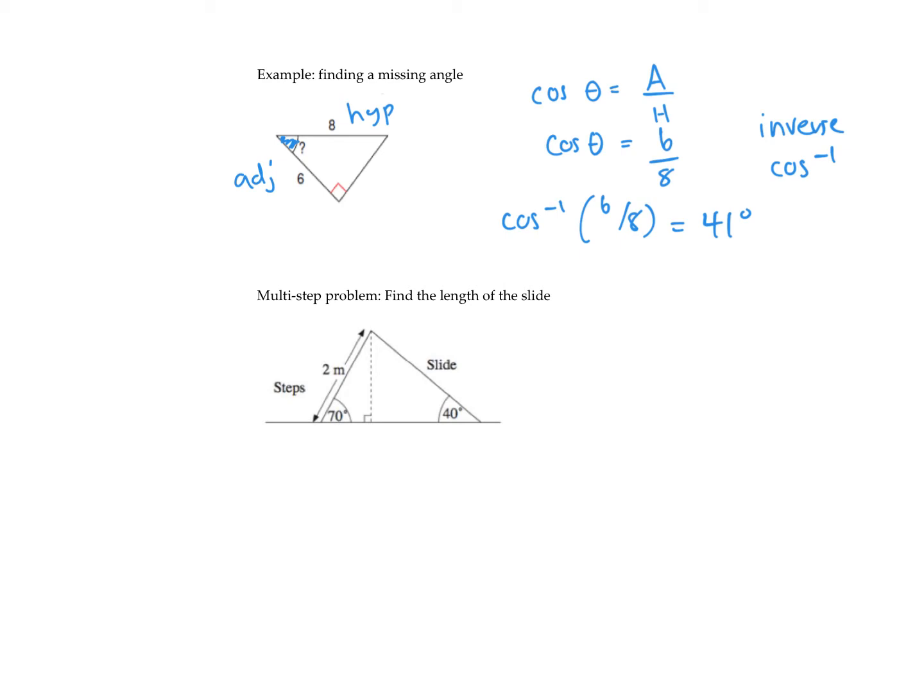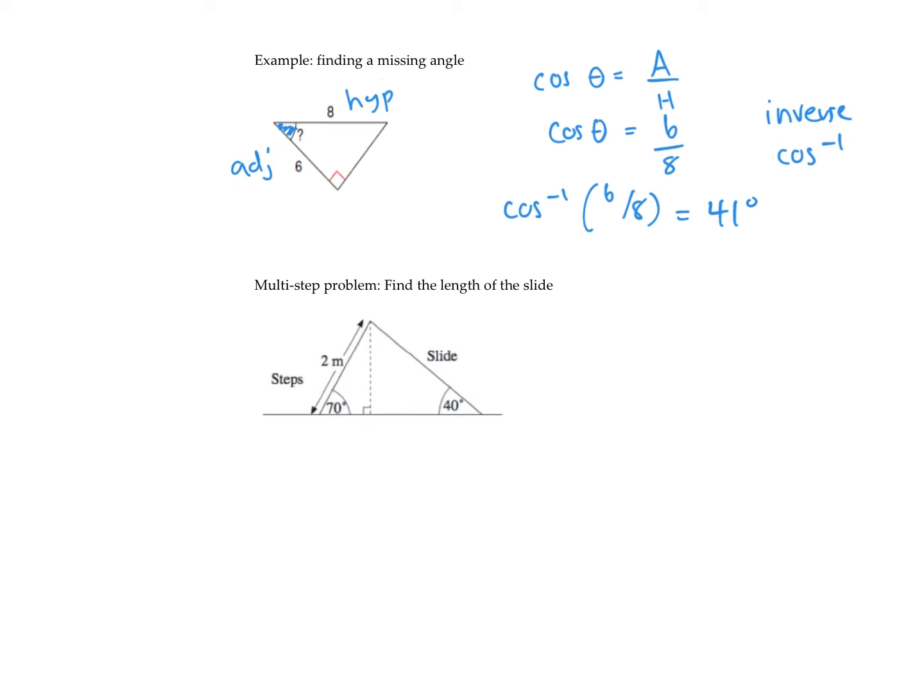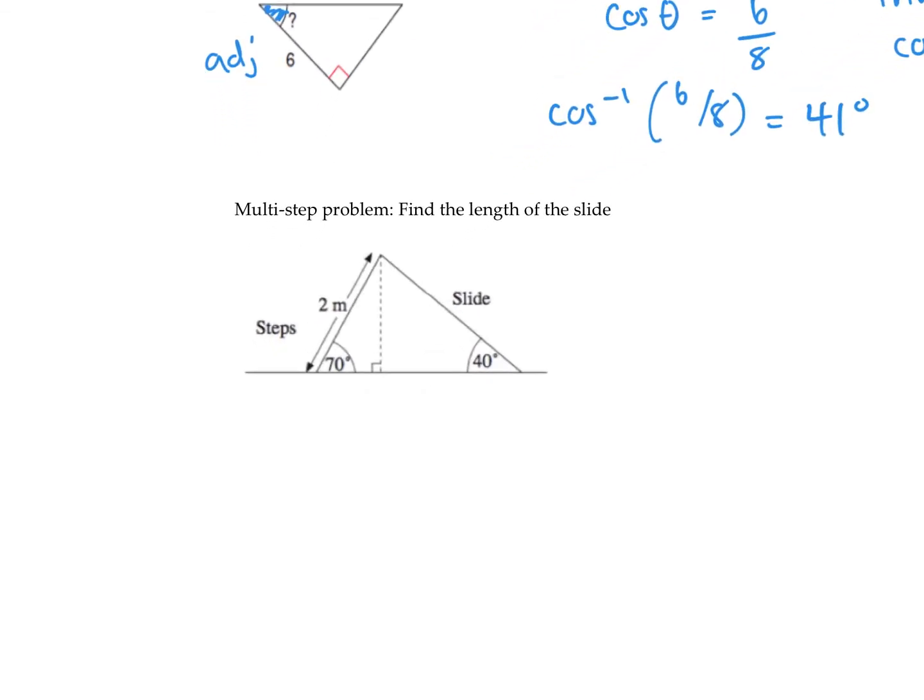Some of the questions might be multi-step, meaning you might have to find one calculation before you can find the second. In this question, it wants us to find the length of the slide. If I look at this slide length, it's part of a right angle triangle, but I only have an angle on that triangle. I don't have a side.